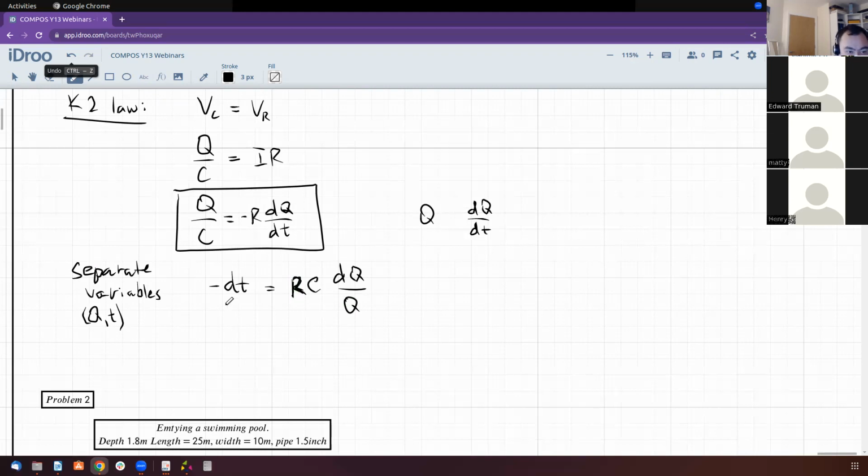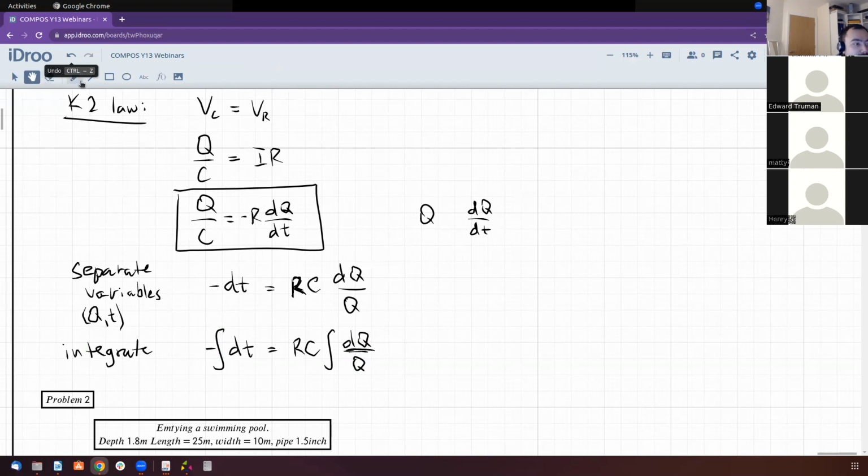And this calls for integration. We integrate both sides. So the integral of dt, minus stays where it is, equal to RC integral of dq over q. What's the integral of dt?